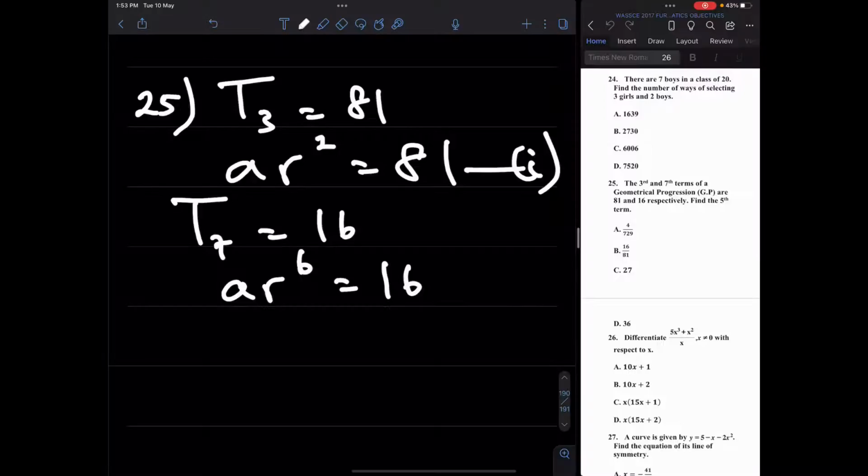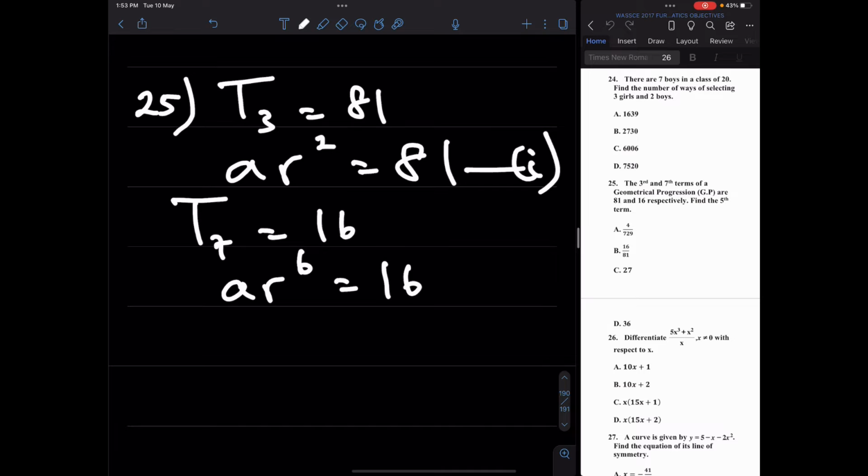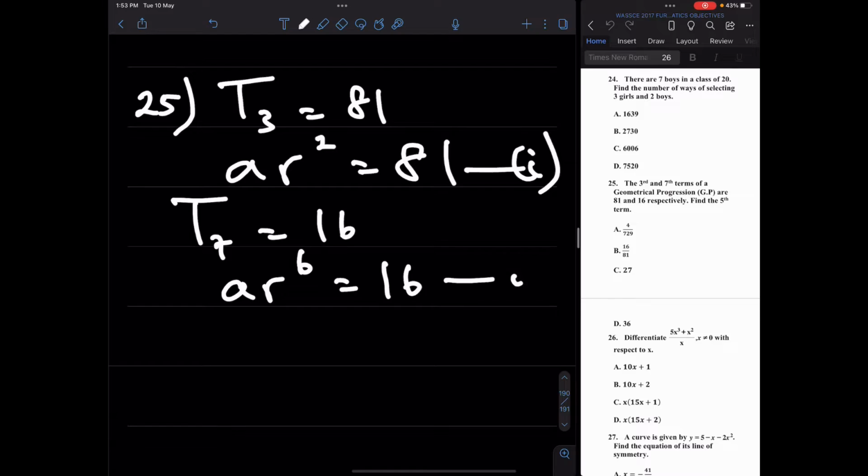Let x be the average score for boys. Average, in brackets B, means average for boys. Now let me make y the average for girls. Average, in brackets G, means average for girls.